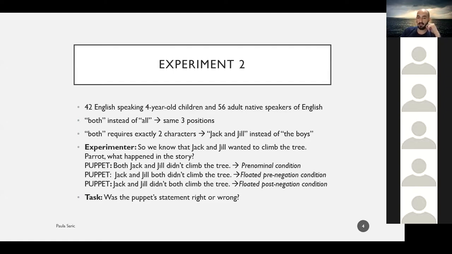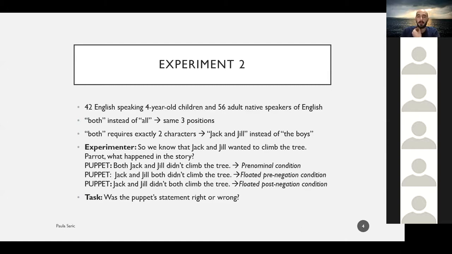So changing the structure of the subject from a conjunctive NP to a definite NP again gave an effect, and it became sensitive to overt scope.